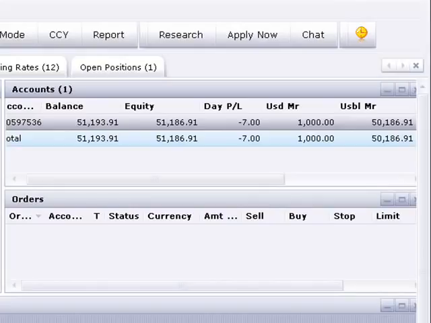In the next column over, you should see a column that says USBL MR, which stands for Usable Margin. This is the amount of money that you have in your account, including any profit or loss on open positions, that is over and above the money allocated to margin any open positions in the account. Another way of looking at this column is that the usable margin column is equal to the equity column minus the used margin column.